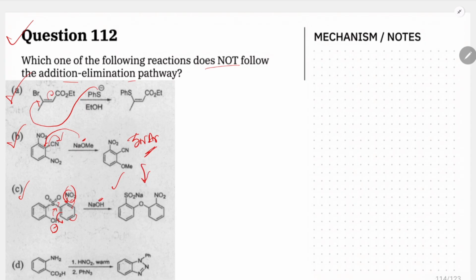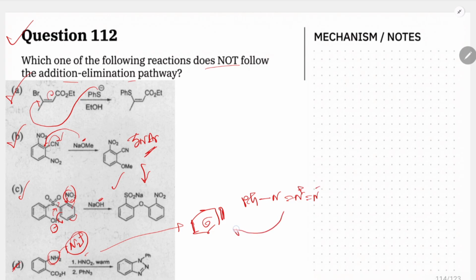But in D, HNO2 will convert this to N2 plus, and it will form the benzyne. This benzyne and this PhN3, with double bond here, it will add by a pericyclic pathway. So that is not an addition-elimination mechanism. So option D is correct.